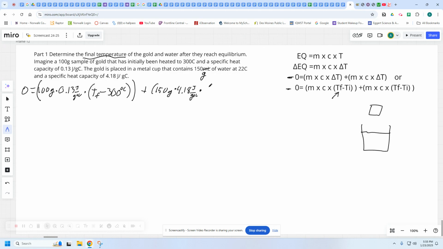And again, they're both going to reach the same final temp once the gold has transferred its energy to the cooler water. At some point they'll reach some common temperature and have equilibrium momentarily. That's the final temperature we want to try to get. And the initial temp of the water is at 22 degrees Celsius.